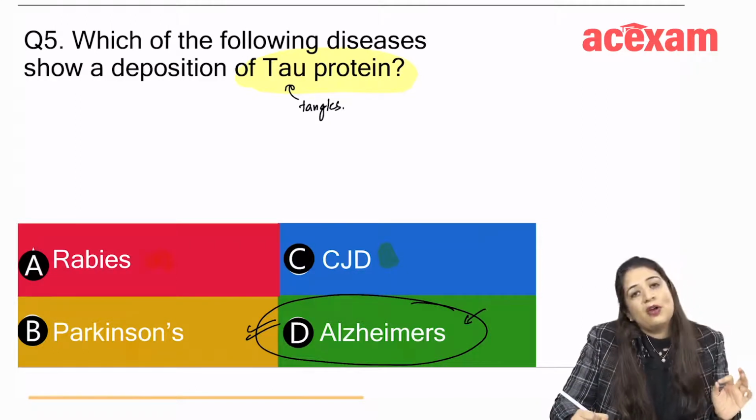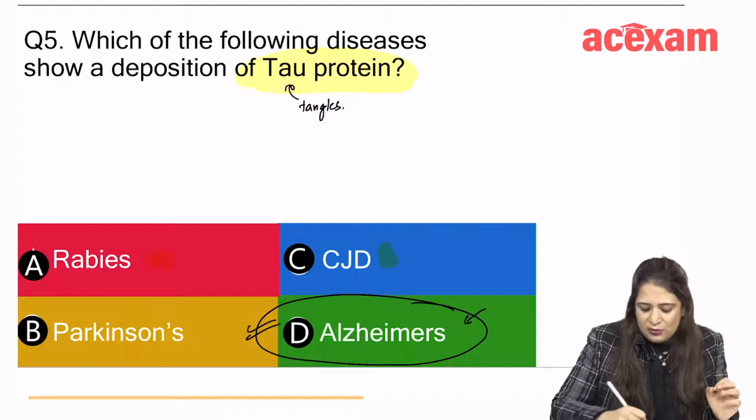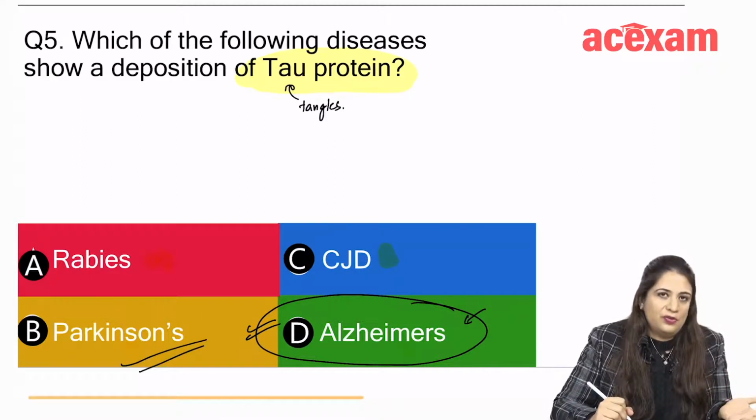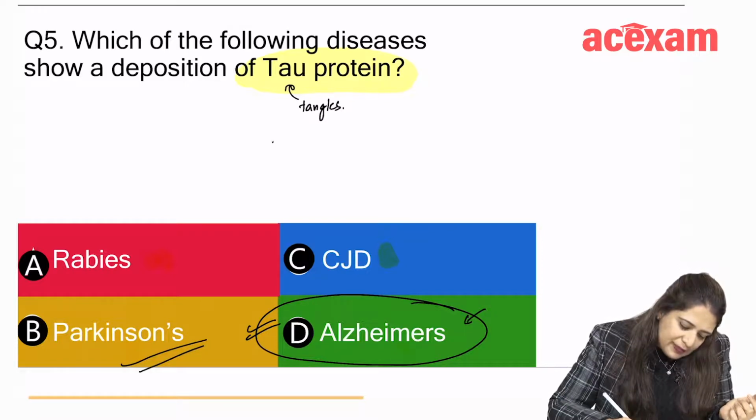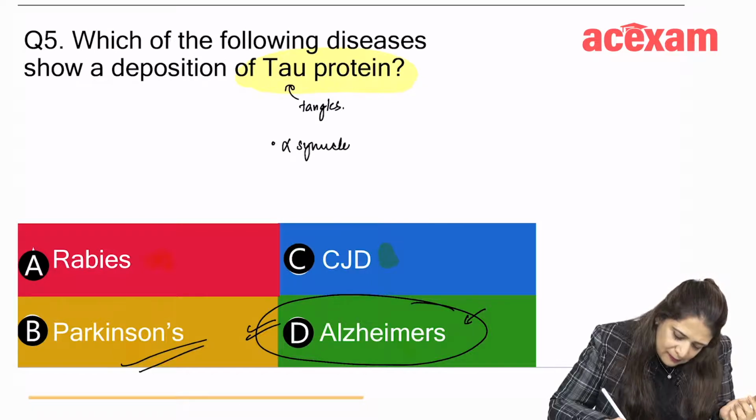This tau protein is not just seen in Alzheimer's, it is also seen in Parkinson's and some other neurodegenerative disorders. If the question was which of the following diseases show a deposition of alpha-synuclein, then the answer would be Parkinsonism.